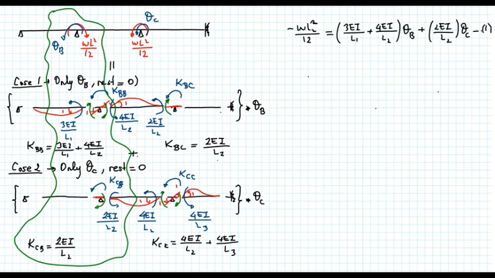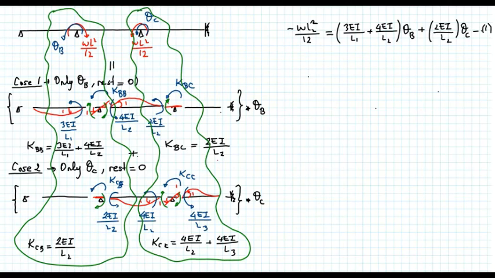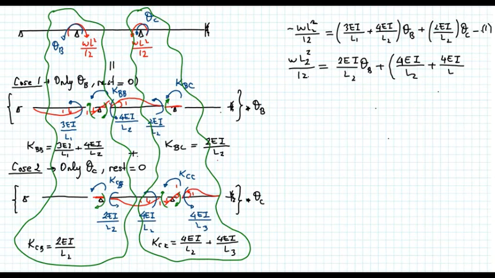For the second equilibrium equation, I'll write down the force balance at node C. So the second equilibrium equation, I have a counterclockwise moment, W L2 square divided by 12 should be equal to 2EI over L2 multiplied by theta B plus 4EI over L2 plus 4EI over L3 multiplied by theta C, and that will be my second equilibrium equation.